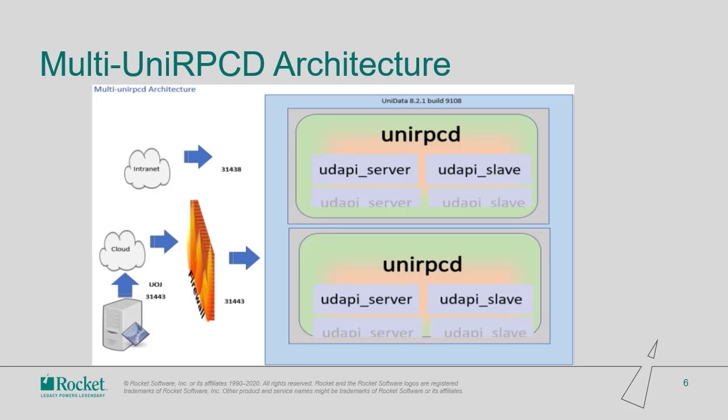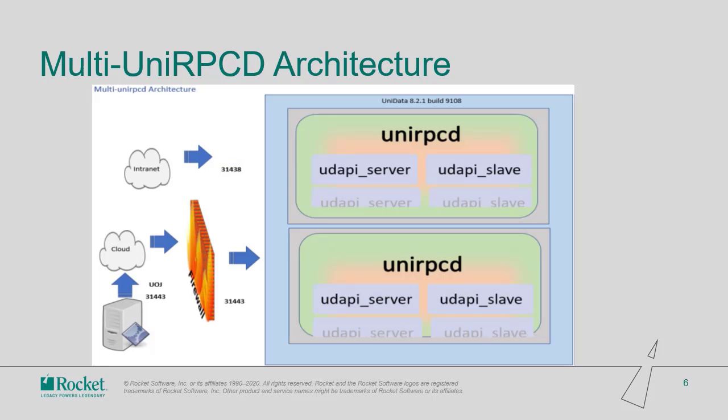So this slide covers the architecture with the new multi-UniRPCD setup. By default you have the usual UniRPCD listening on port 31438, which is great for in-network intranet traffic where you don't need connections secured.